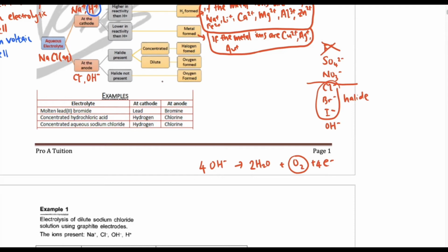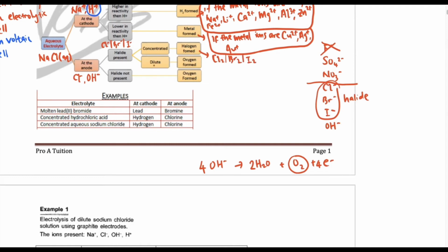So that's why. Okay. Halide presence, I put short notes here. Halide present means you have Cl minus or Br minus or I minus. Then it depends on concentrated or dilute. If concentrated, then the chloride, bromide, iodide will form chlorine, bromine, and iodine.